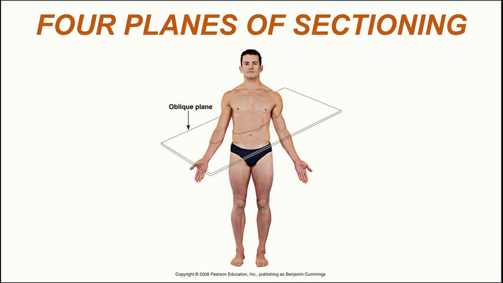So really, any of the images that you'll be looking at within this book or within the lab manual or even the lectures that I show you here will be in either the median, the frontal, or the transverse planes, but rarely will we look at things in the oblique plane. Here I just wanted to familiarize you with the term oblique plane.